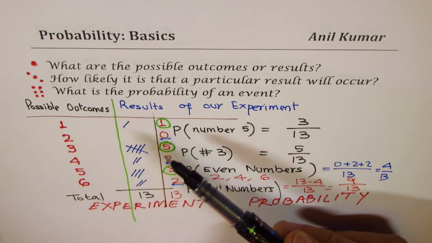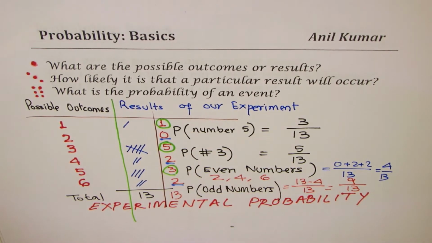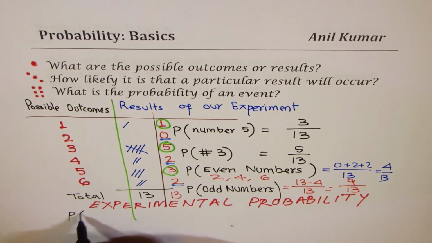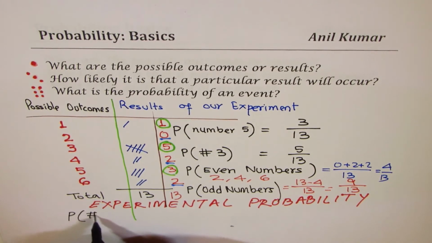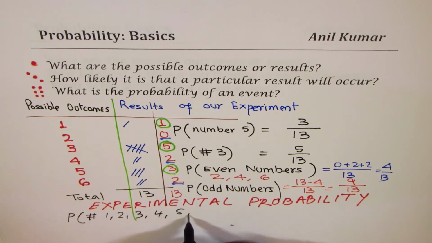You can add and check. 1 plus 5 is 6, 6 plus 3 is the number 9. You get an idea, right? So that is how you get probability of events. The last question here is, what is the probability of getting the numbers 1, 2, 3, 4, 5 or 6?